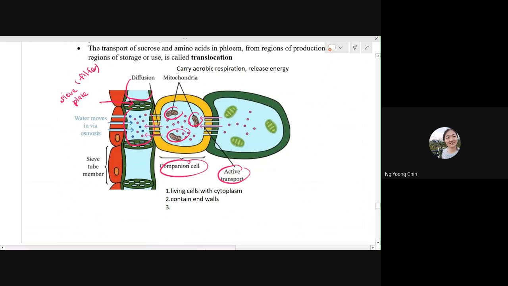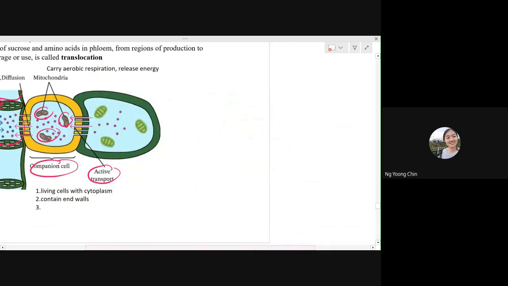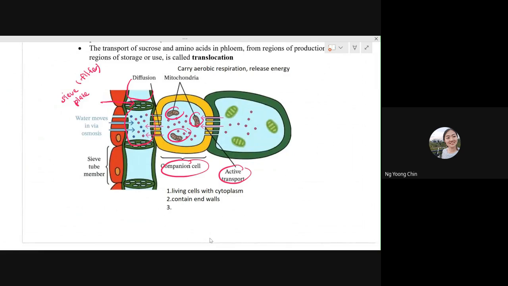Then this is a source of the plant. This is a leaf part of the plant. It has structures we call chloroplasts, so it is able to produce glucose first.